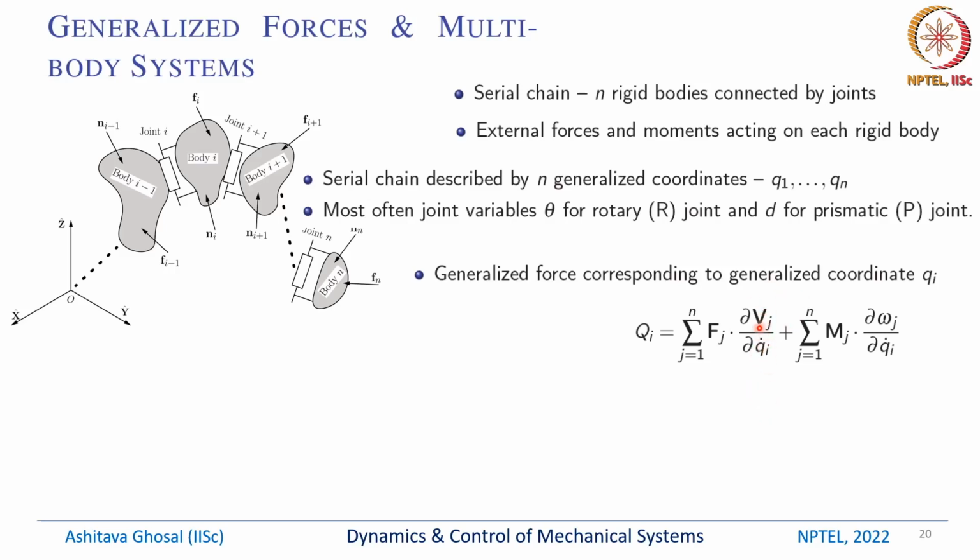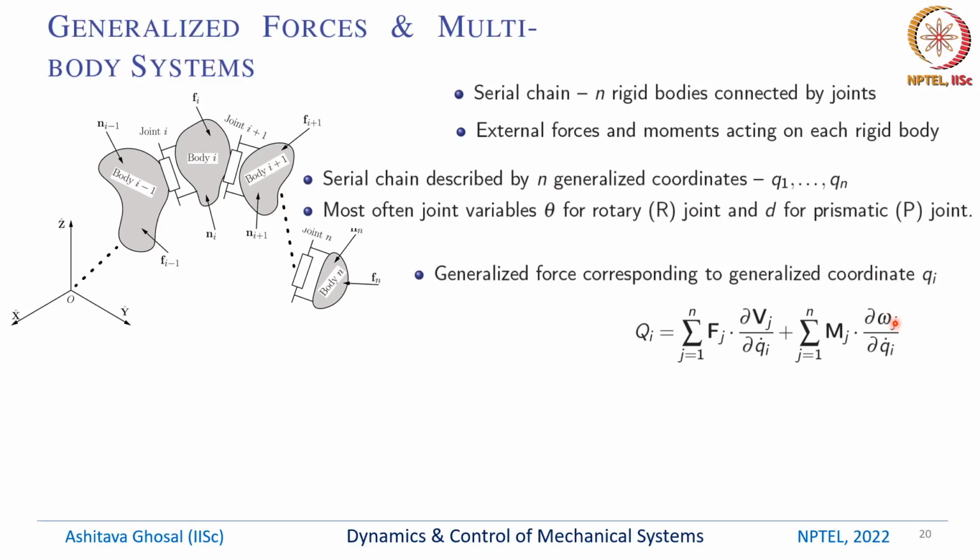So we have basically d position by dq here, and we are trying to take the dot product of F with that. So this is like delta r. Similarly, this term is M dot partial of angular velocity with respect to qi dot. So this is in some sense similar to delta theta.